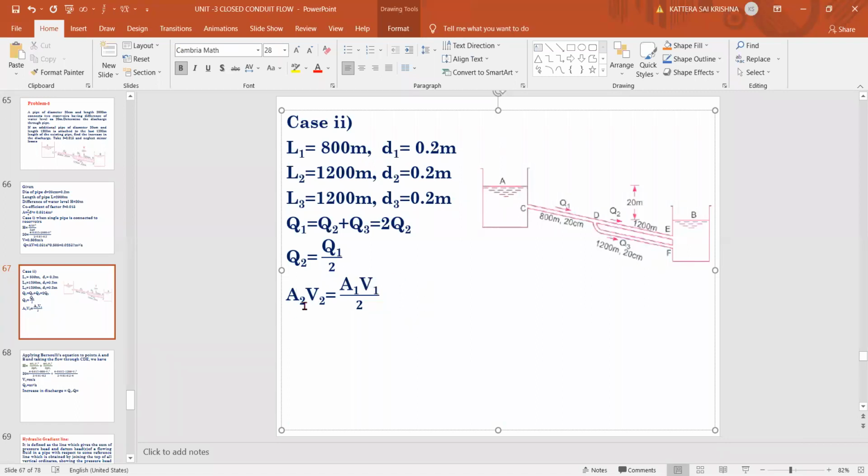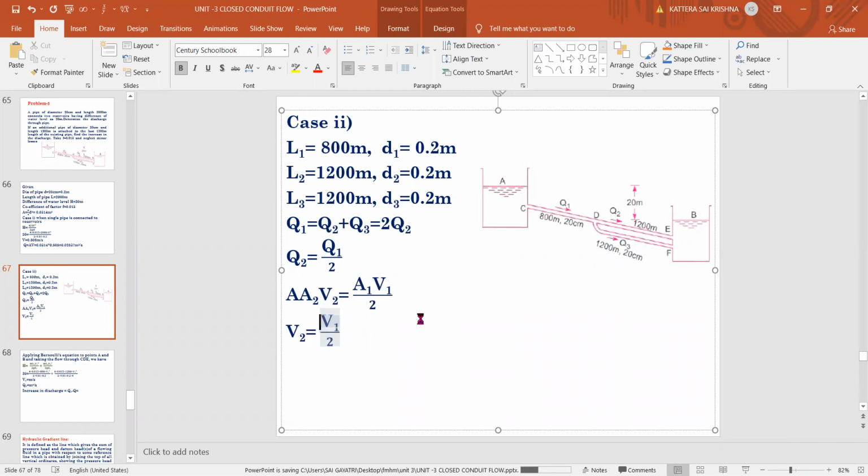Since A1 and A2 both are same, we'll get V2 equal to V1 by 2. So if you have any doubt in this slide, you can ask me, because this part is very important for this problem.